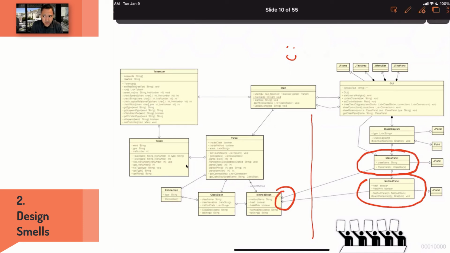what do you think about the connection between these two classes with this one? Class panel, method panel, both connected with method block.